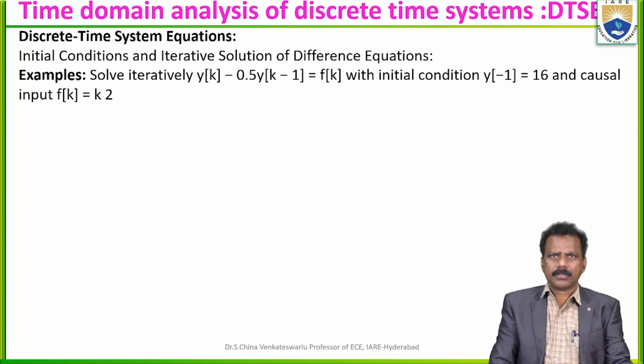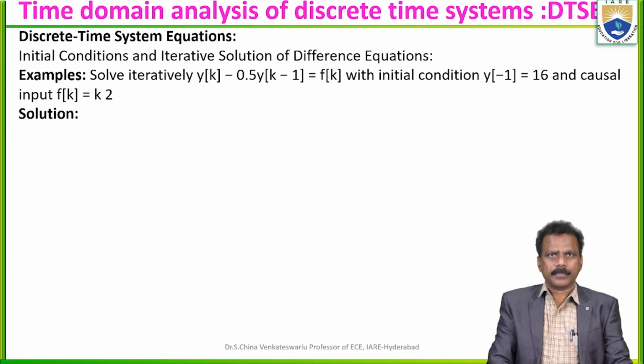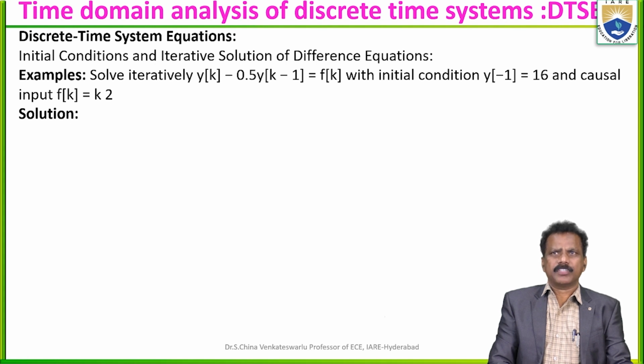Solve iteratively y of k minus 0.5 y of k minus 1 is equal to f of k, with initial condition y of minus 1 is equal to 16 and causal input f of k is equal to k squared. This is the given problem example, and we solve it with reference to mathematical expressions.